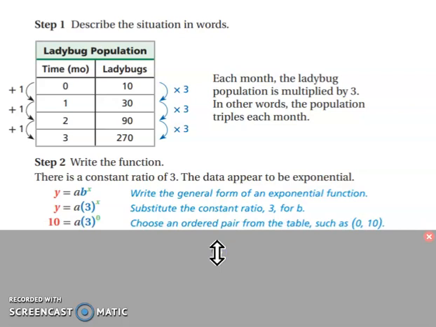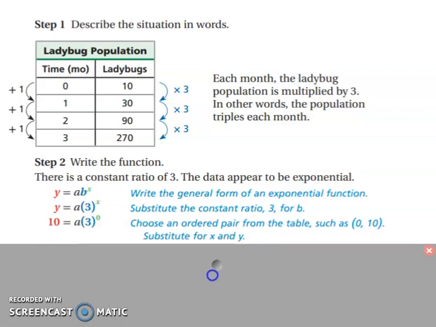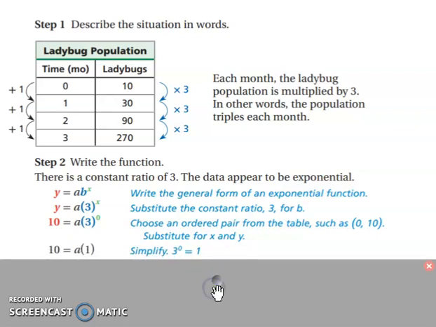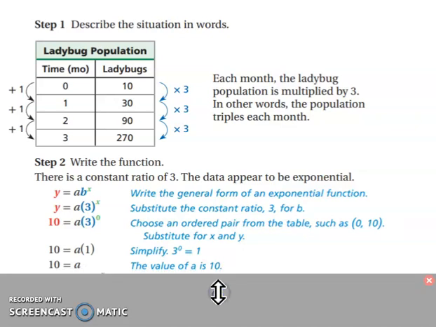We want to choose an ordered pair from the table such as 0, 10. If you are ever given your x value being 0 and a respective y value, use that. It's going to be the easiest one for us to use. Then we simplify, 3 to the 0th being 1. Then we find that the value of a is 10.